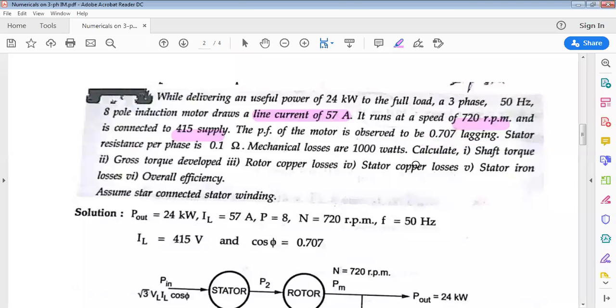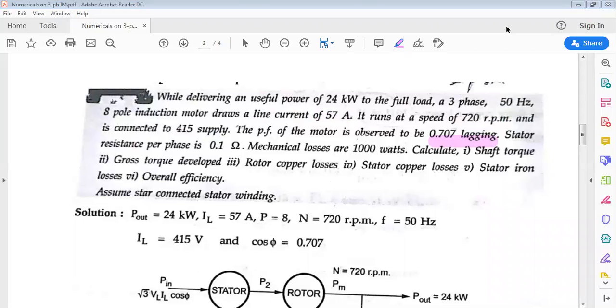See, all of you keep in your mind that a three-phase induction motor is considered as, see, its power factor is lagging and 0.707 means which type? Inductive type or capacitive type or resistive type? A lagging power factor means three-phase induction motor is considered as which type of load?